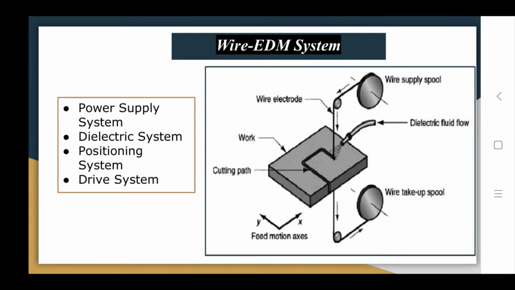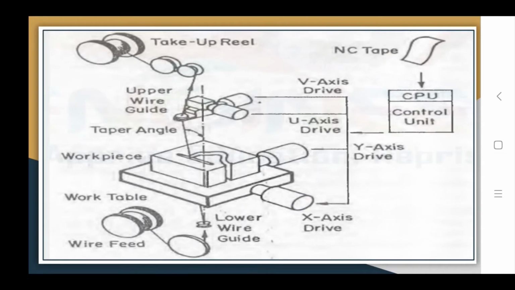Okay, so the working principle of the wire cut EDM system I have already taught in the previous lecture. Start with this setup. In this wire EDM process there are 4 units, and this is the setup. First is your DC power supply, as I have shown here.